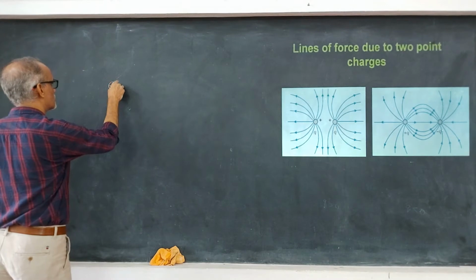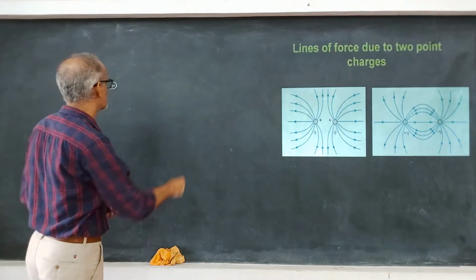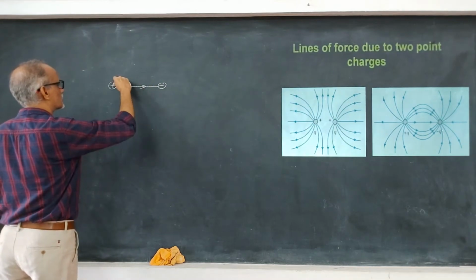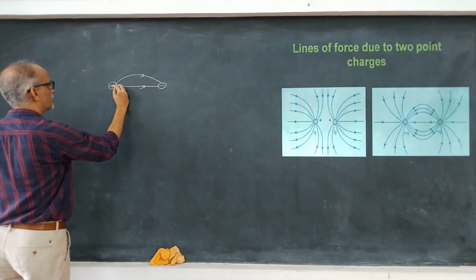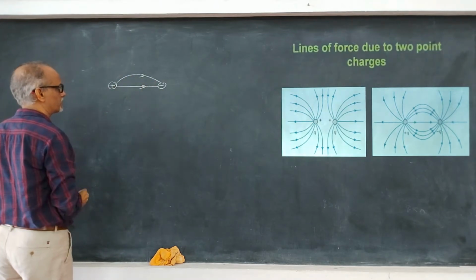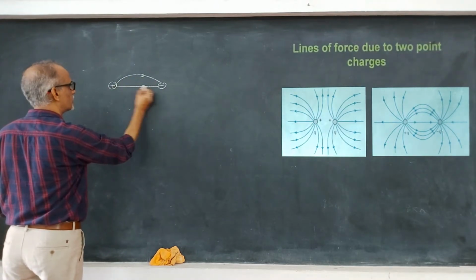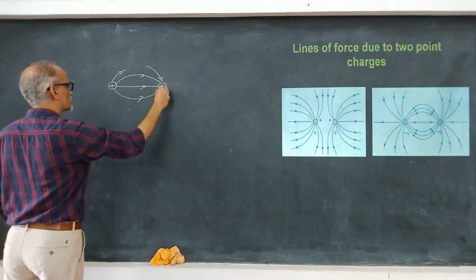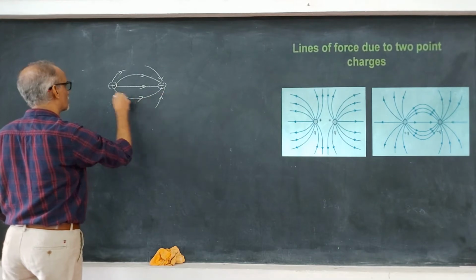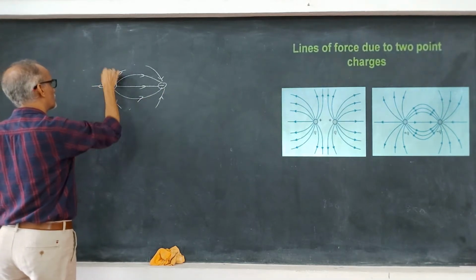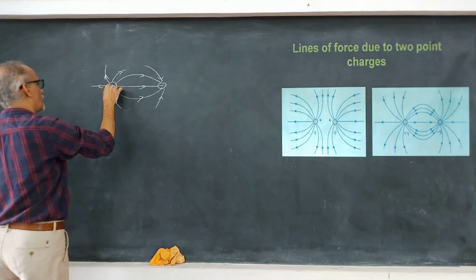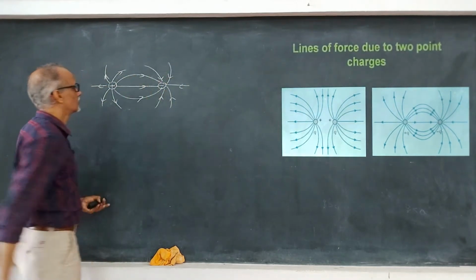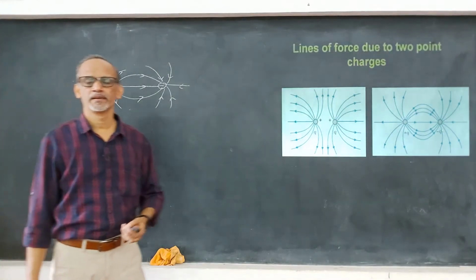So the first one is a positive charge, the next is a negative charge, and the lines of force originate from the positive and then terminate on the negative. And here there exists a field, they don't cancel each other. So this is how we draw the lines of force due to positive and negative charge.